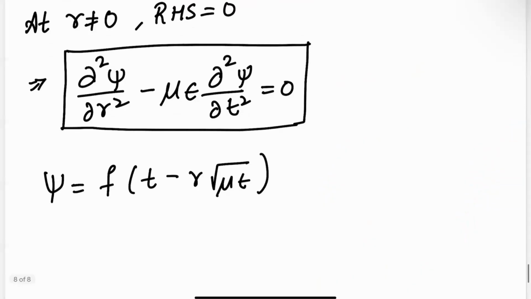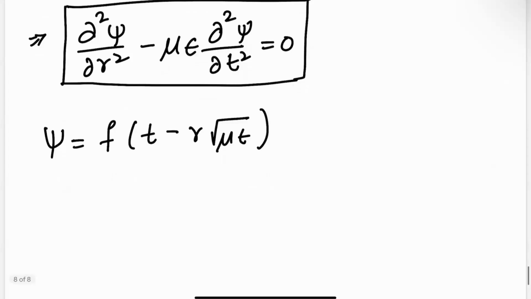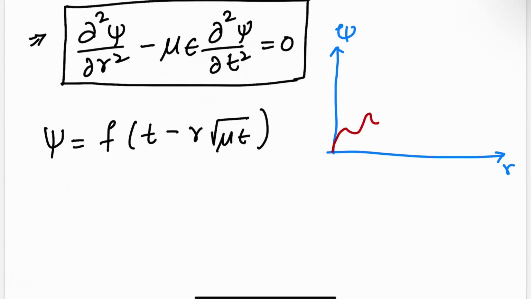Right? So what is this equation really saying? This is saying that if I'm at some time t0, let's look at this as a function of space. So this is r, let's say, and this is my function psi. At t0, I have some function that looks like this.